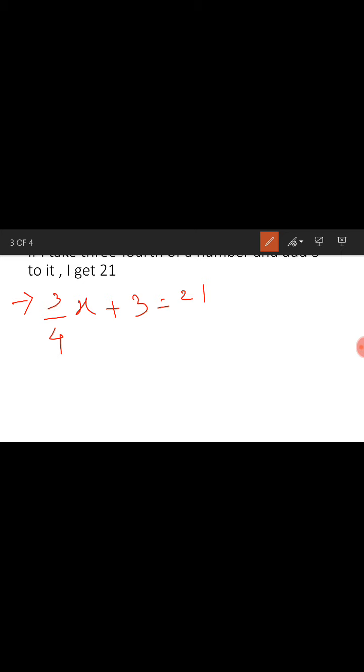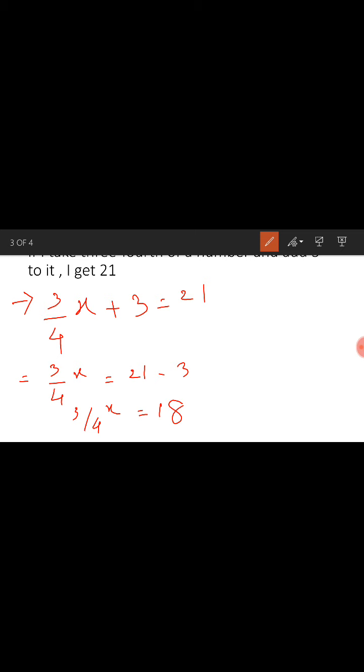So the next line will be 3 by 4 x equals to 21 minus 3. So 3 by 4 x equals to 21 minus 3, it will be 18.